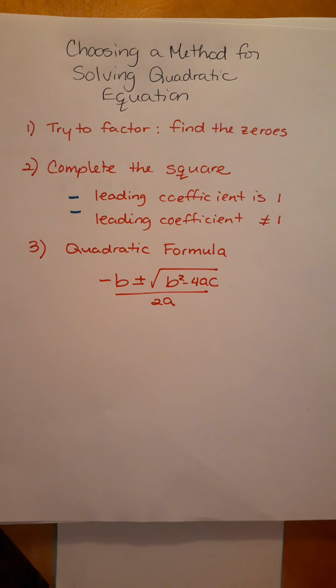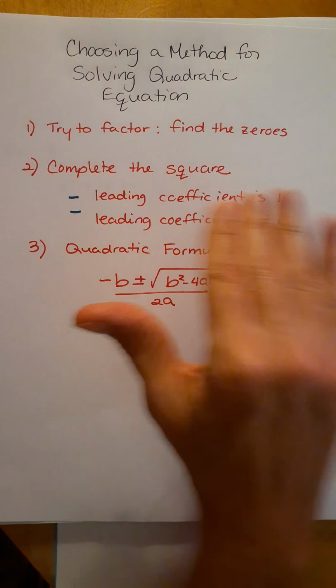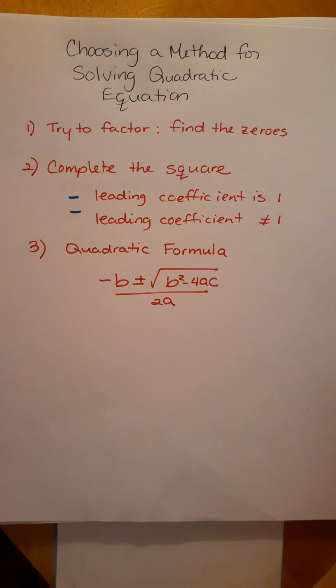So I want to go over two examples, and I'm going to try and show you the whole thing. Maybe you have a favorite one. Maybe first you try the zeros and you say, you know what, I'm not too comfortable with completing the square, so I'm going to go straight to the quadratic formula. Keep in mind, you have to memorize it, because on the SAT or any large test, they're going to expect you to memorize it.